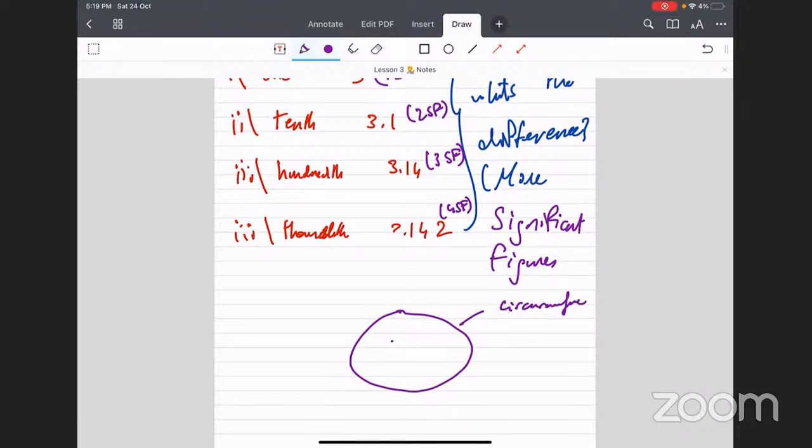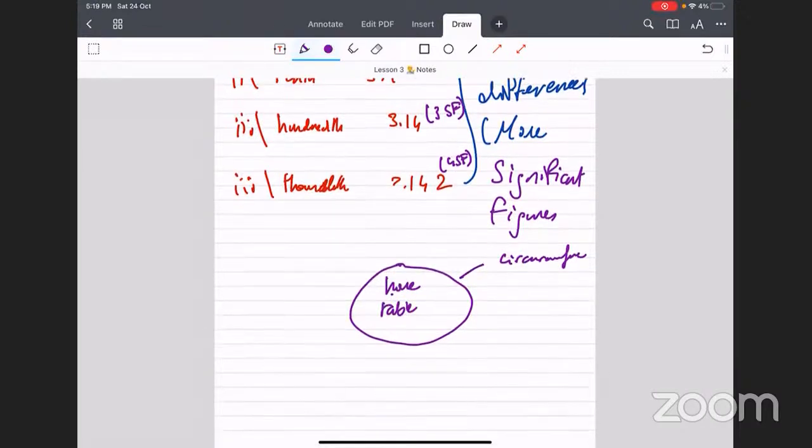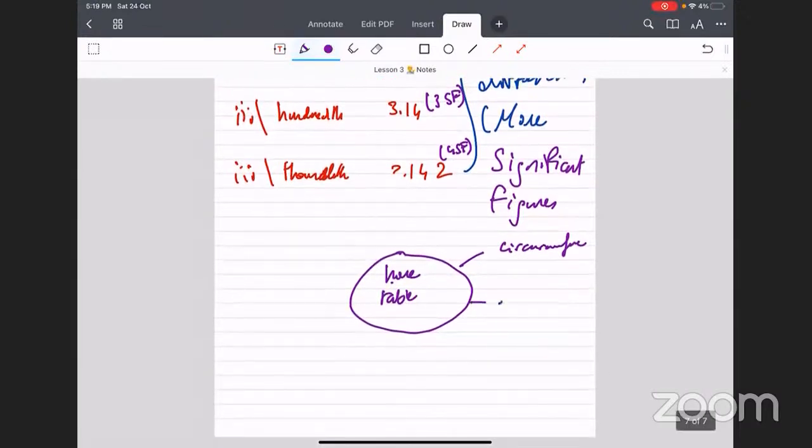The circumference of your home table. We don't need to calculate it very accurately, so we don't need a lot of significant figures.